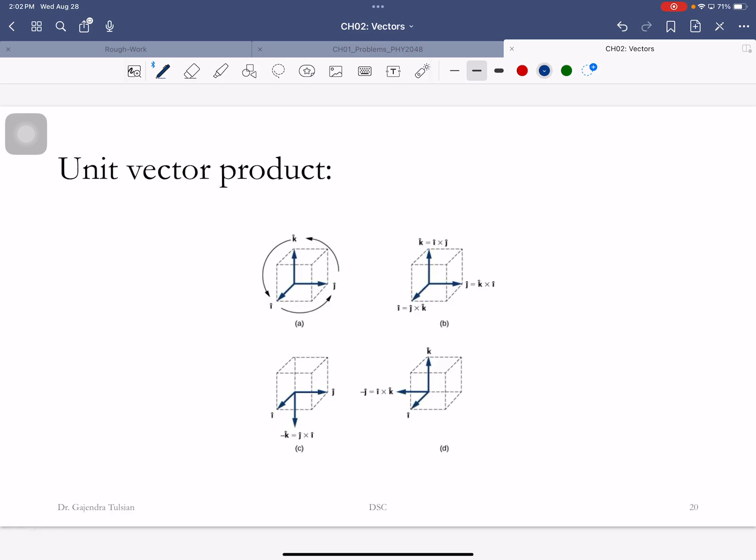So we learned how to, what are these fellows? Unit vectors. Now that we know cross products, it makes life easy if you remember the cross products of the unit vectors. I cross j is k, j cross k is i, k cross i is j.